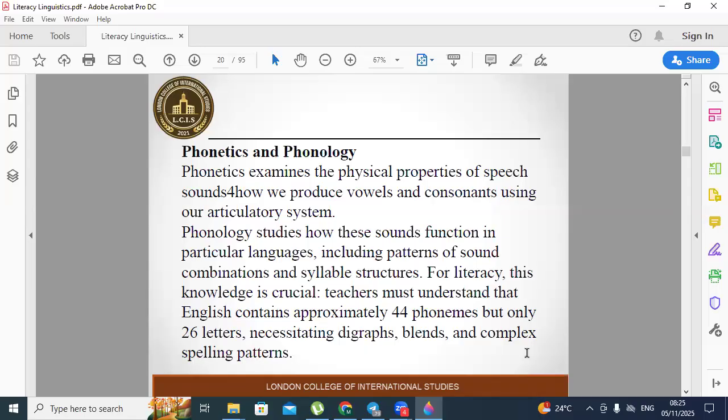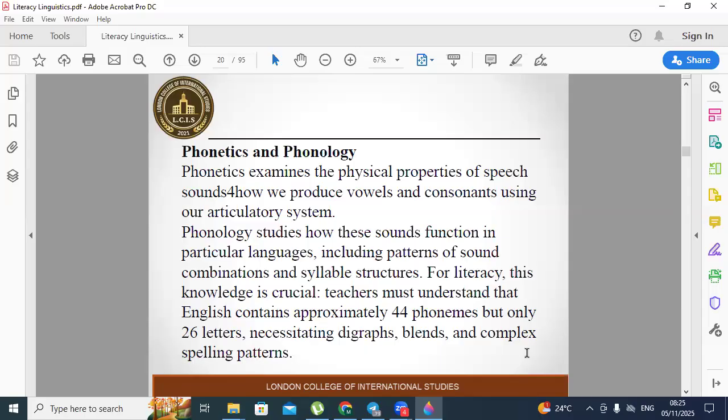These different problems require different intervention. If a student can't hear the difference between M and N, they need phonological awareness training. If they can hear a difference but don't know which letter represents each sound, they need phonics instruction.